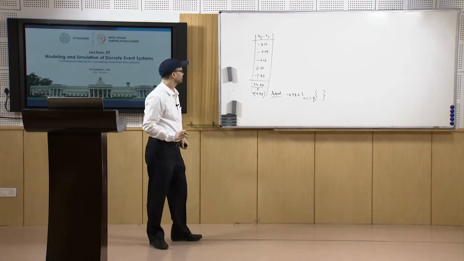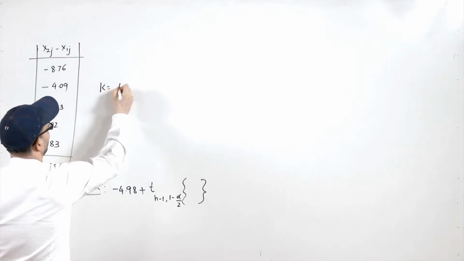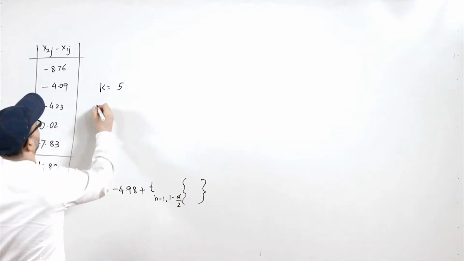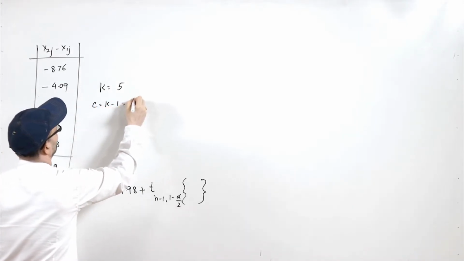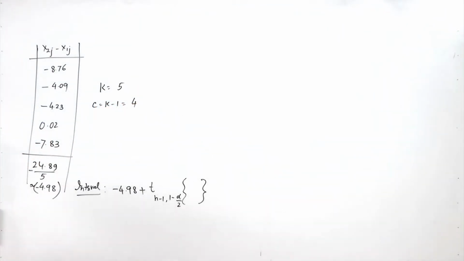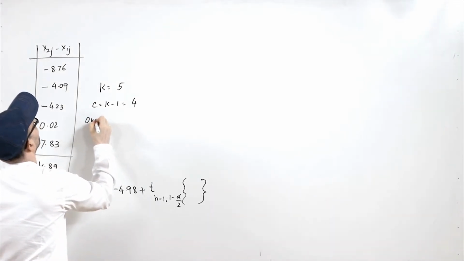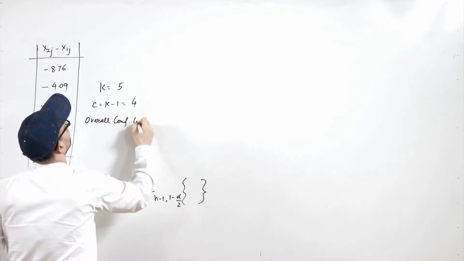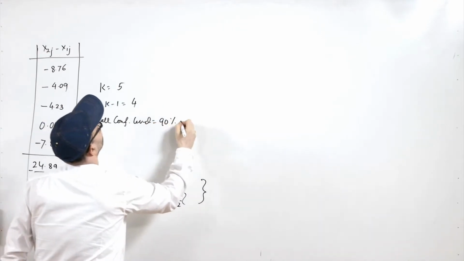As we have seen, we have k as 5, so the number of intervals will be 4. So, C will be k minus 1, that is 4. Now, this overall confidence level is suppose 90%, so that is 1 minus alpha.